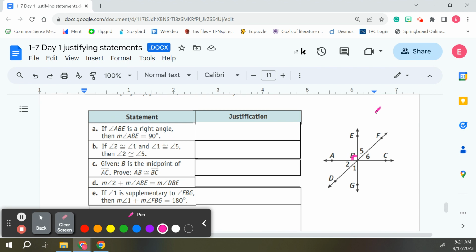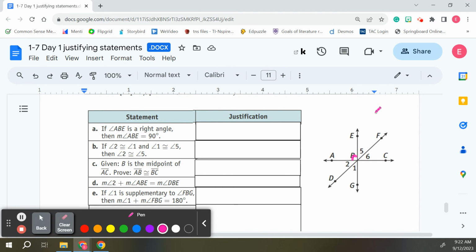Let's think about this. First off, what are the keywords here? Right angle. Okay. So we're definitely going to have something involving a right angle in this justification. But do I have a theorem, a property, a definition, or a postulate? Have we heard anything about the right angle postulate? No, right? Have we heard anything about a right angle theorem?